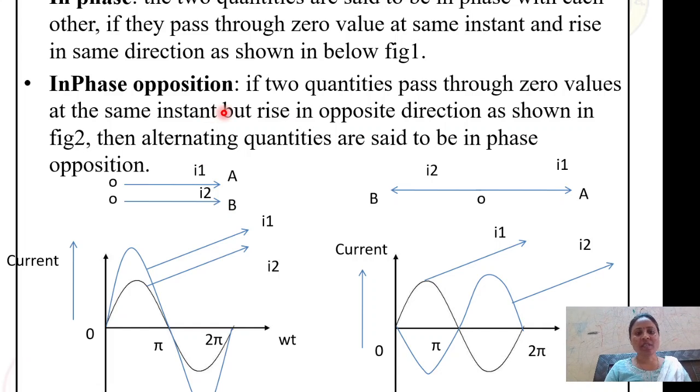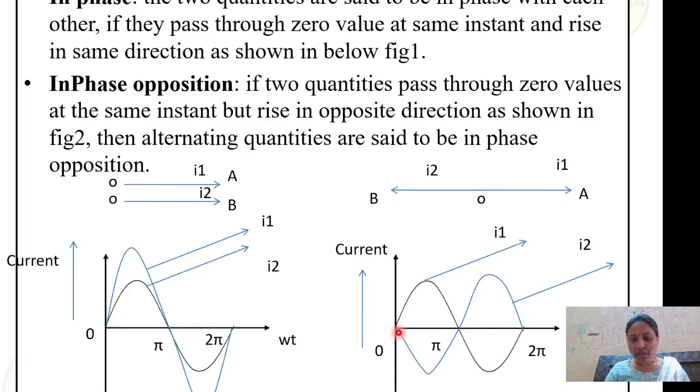Okay. So let us take the other condition, in phase opposition. Looking into this second diagram, here again we have considered two alternating quantities, two different currents I have taken, I1 and I2. Right.